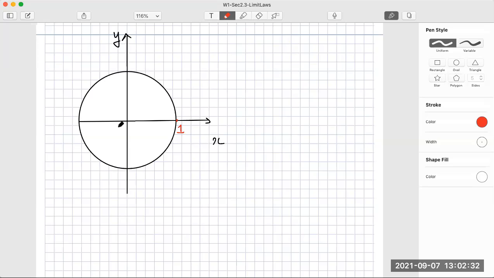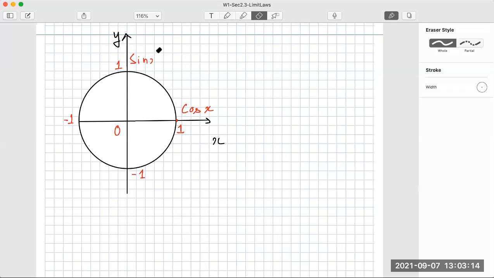Right here at this point, this is 0, up to this point is 1, and here it cuts this axis at 1 as well, and here is -1, here is -1. Because we know that sine and cosine are always larger than or equal to -1 and smaller than or equal to 1, we use this unit circle to describe the trigonometry. And we define this axis as the sine axis and the cosine axis. And here is the sine axis. Let's say the angle alpha.